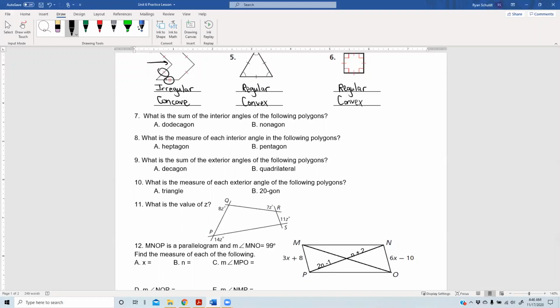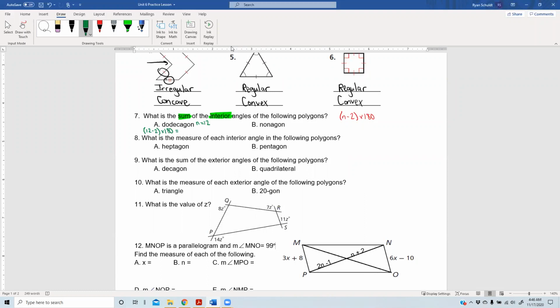Okay, so for 7, they ask us for the sum of the interior angles. That's the one where we have to use the formula n minus 2 times 180. So for a dodecagon, there are 12 sides. So I would do 12 minus 2 times 180.